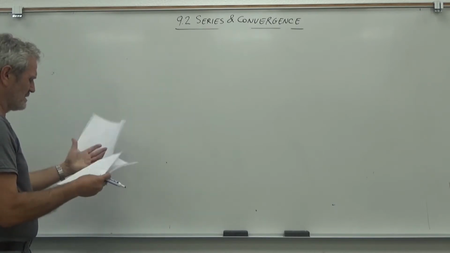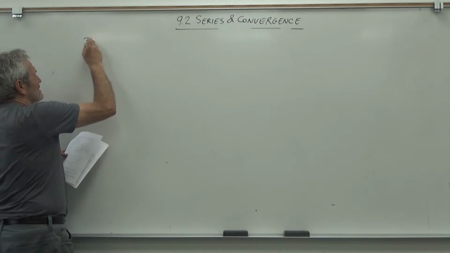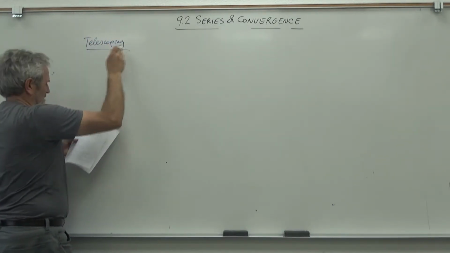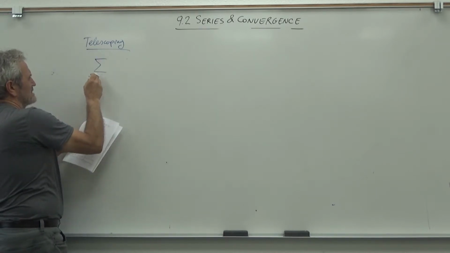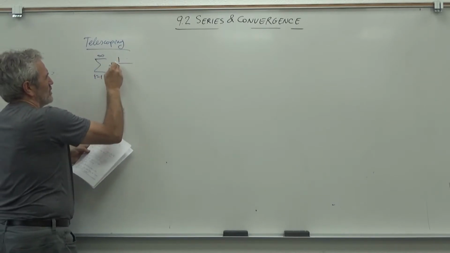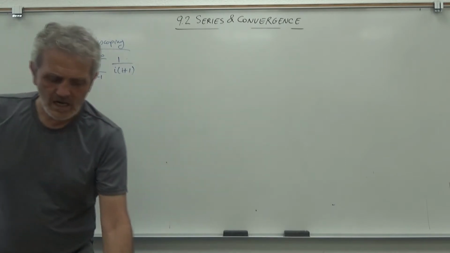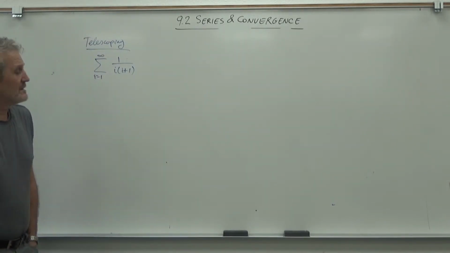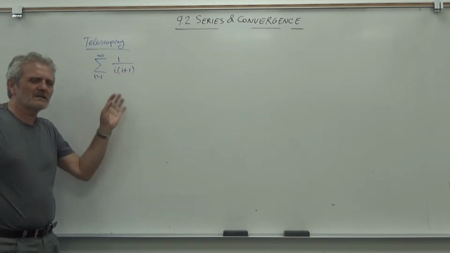So, I want to analyze some example, it's called telescoping. Analyze the convergence of the series, i equals 1 to infinity, of 1 over i times i plus 1. And what happens? We are extremely lucky. Look how nice they are. They are clean numbers.